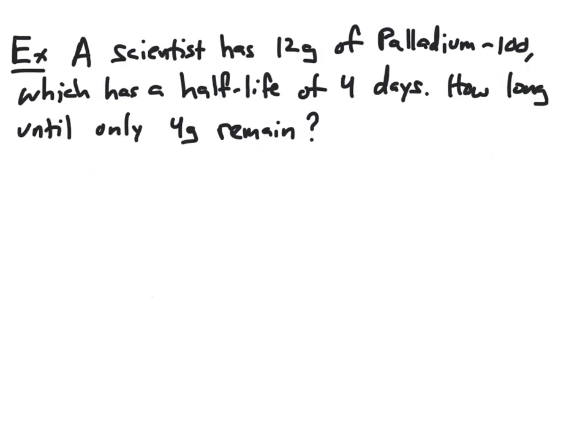So let's start by considering this example. Here we have a scientist with 12 grams of palladium-100, which is known to have a half-life of 4 days. And we'd like to know how long it will be until there are only 4 grams of that 12-gram sample remaining. So we'll start with our standard exponential decay model, A of t equals A sub 0 times a to the t. Here we are told that A sub 0 is going to be 12.